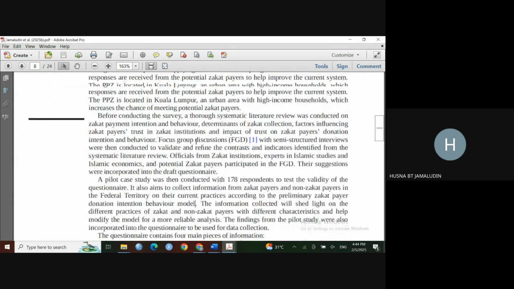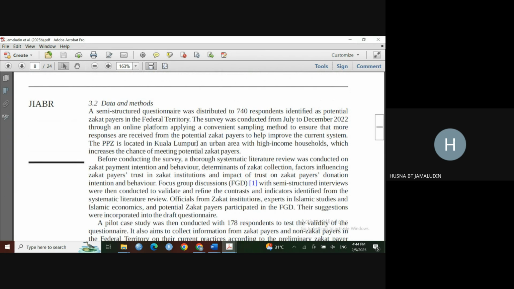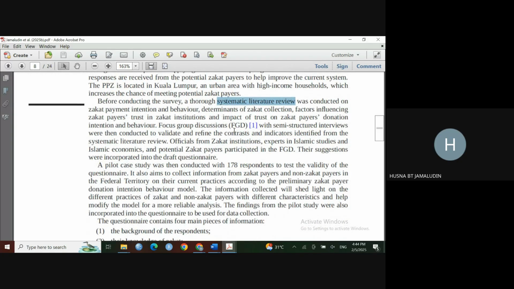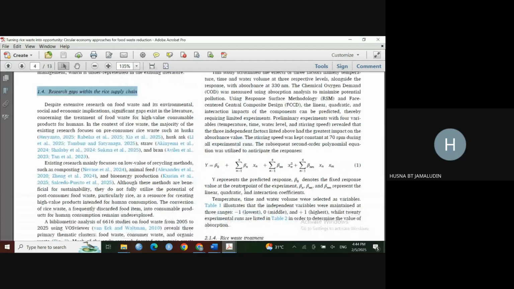Okay, and then let's look at this. This is primary data, but then we support it with the SLR. And for primary, not just doing the survey, we also interview some people, zakat institution officers, and so on. Okay, so let's look at the next one.